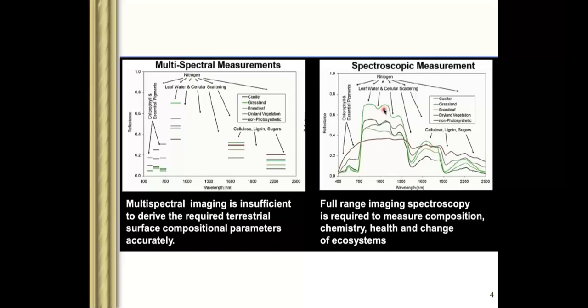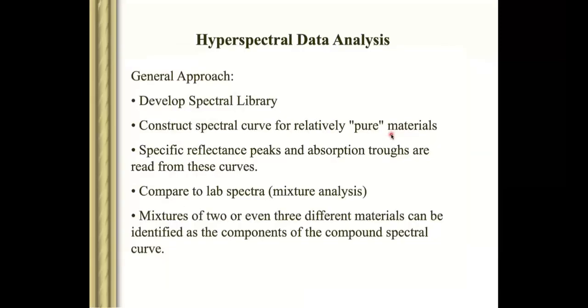So we take signatures from different species, different minerals, and we save these spectra as spectral profiles. In this way, if you have many spectral profiles, then we make a library, a library of different objects. Once you have the library, then you know the signature of a particular object.